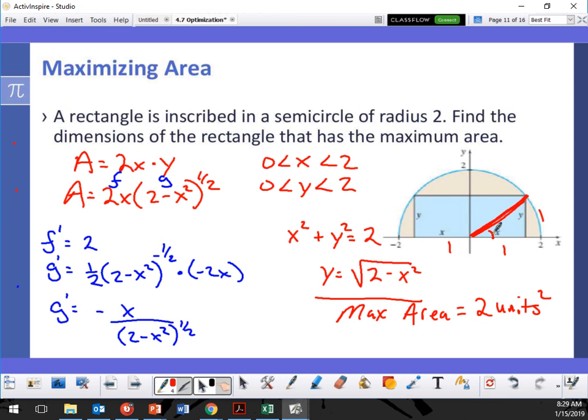Pi over 4. Because pi over 2 is straight up and down, right? And this is going to be pi over 4. Pi over 4 is going to be the angle that I'm using there. Does that make sense? Are we okay?